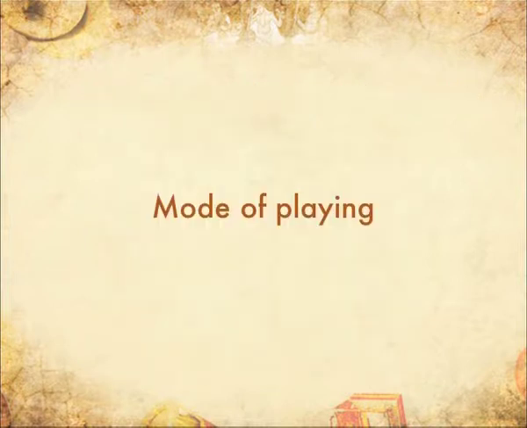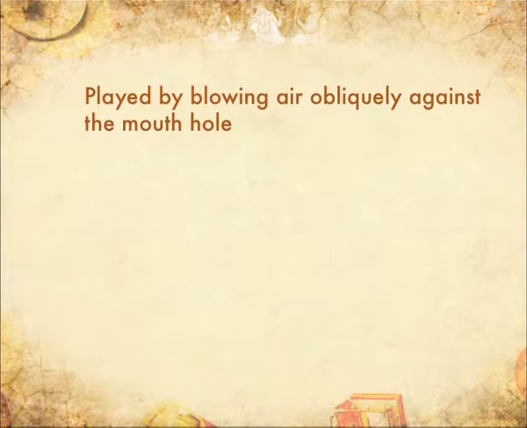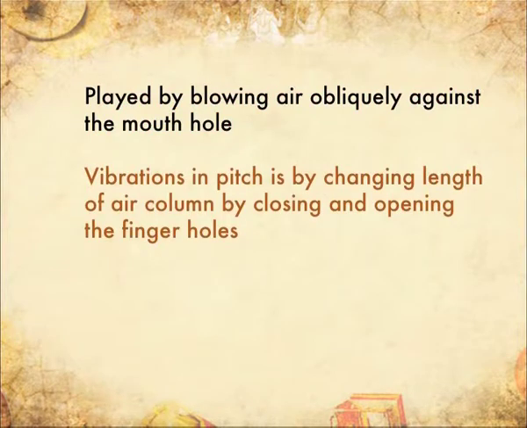Mode of playing. The flute is played by blowing air obliquely against the mouth hole. The vibrations in pitch are caused by changing the length of the air column by closing and opening of the finger holes.